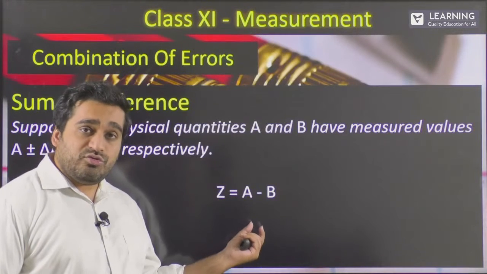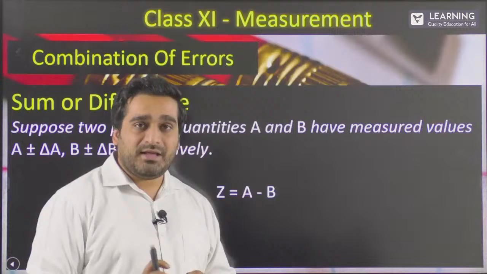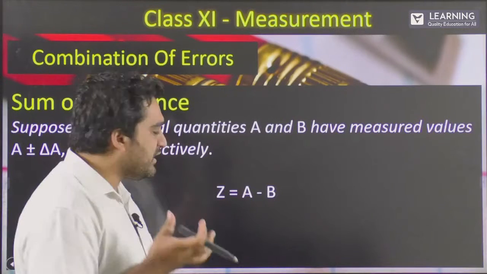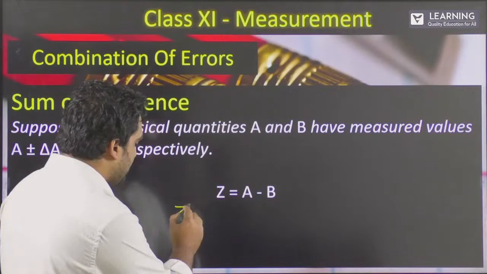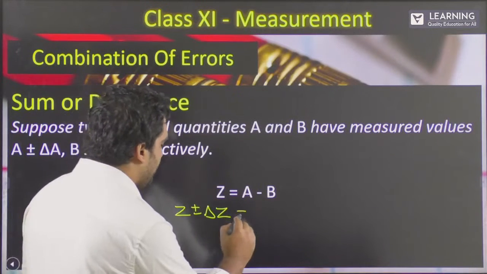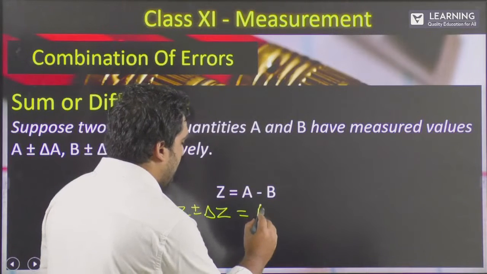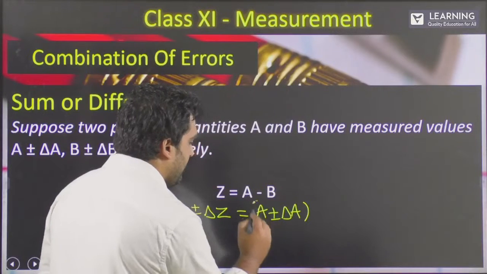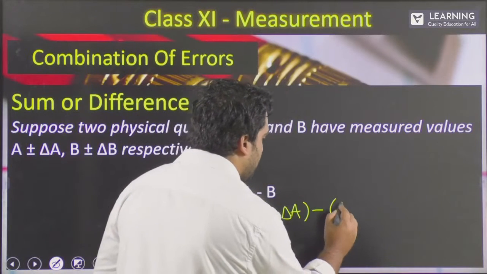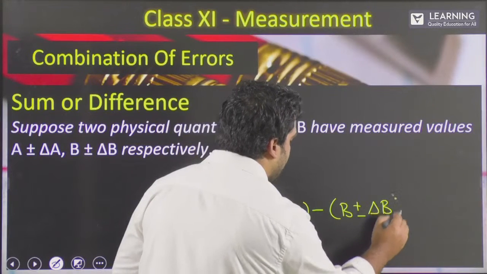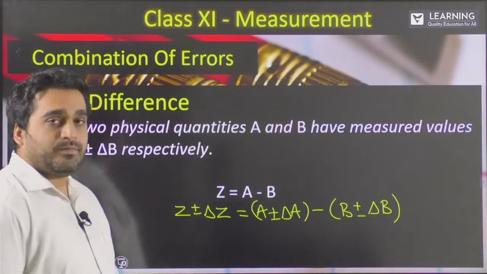Next, what you do is make sure you apply those measurements. When you take measurements, there's a certain error that is introduced, which is given in this form: A plus or minus delta A and minus B plus or minus delta B. Okay.